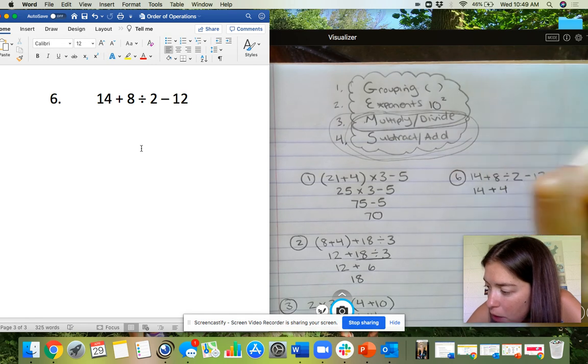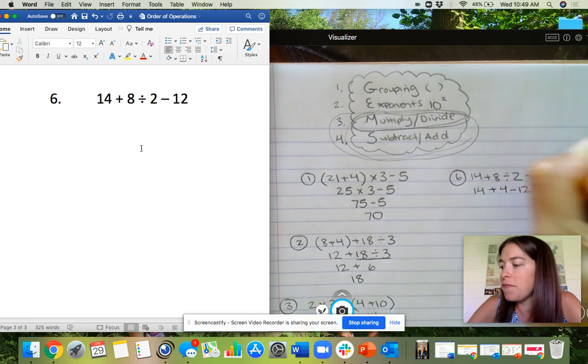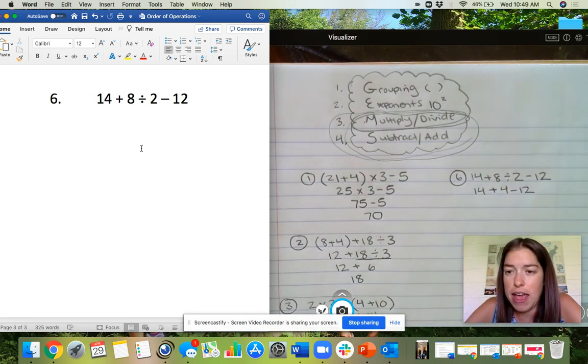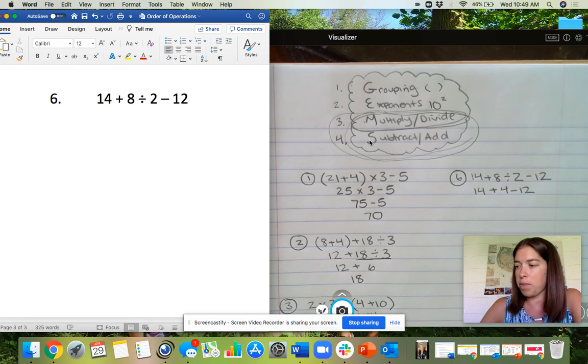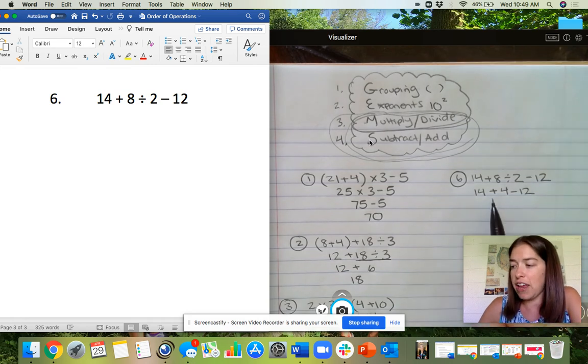And then I copy the problem exactly as it's written after I did my 8 divided by 2. Now I don't have any more multiplication or division. I can now move on to subtracting and adding. Go ahead and finish up the problem because we have both addition and subtraction.